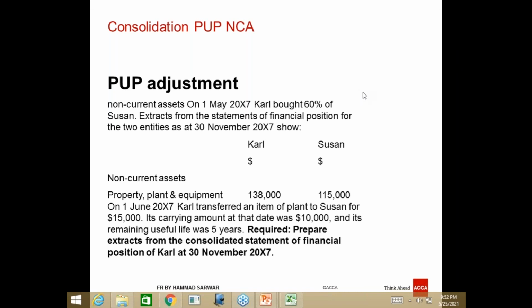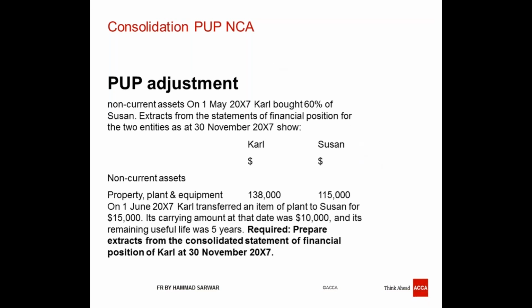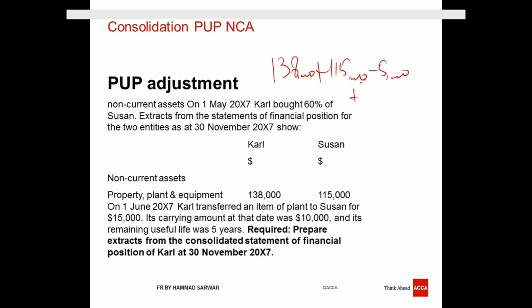Okay, is it done? The parent share is 138,000. The subsidiary is 115,000, minus unrealized profit of 5,000, plus reversal of depreciation of 1,000 for June, July, August, September, October, November, the 6 months.